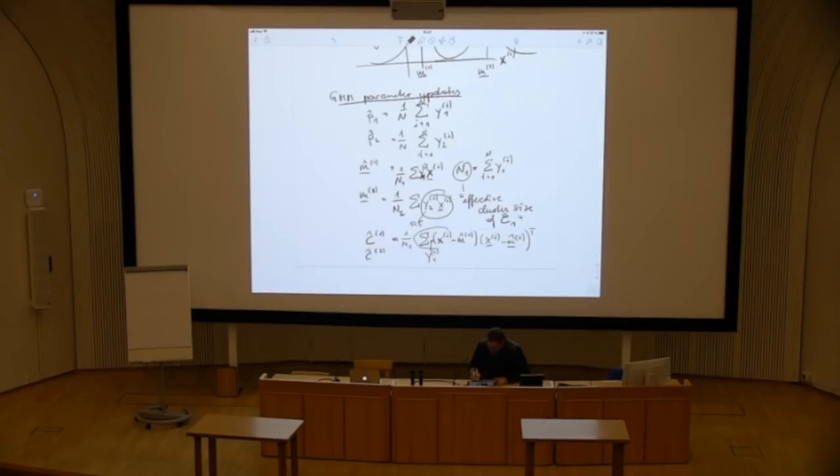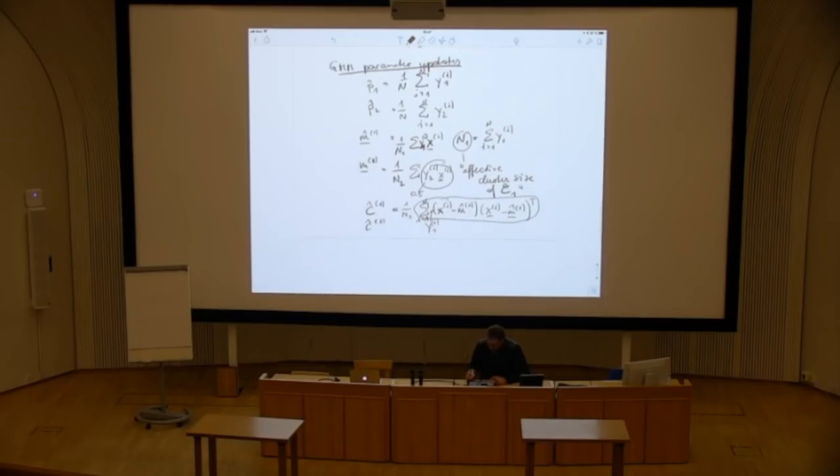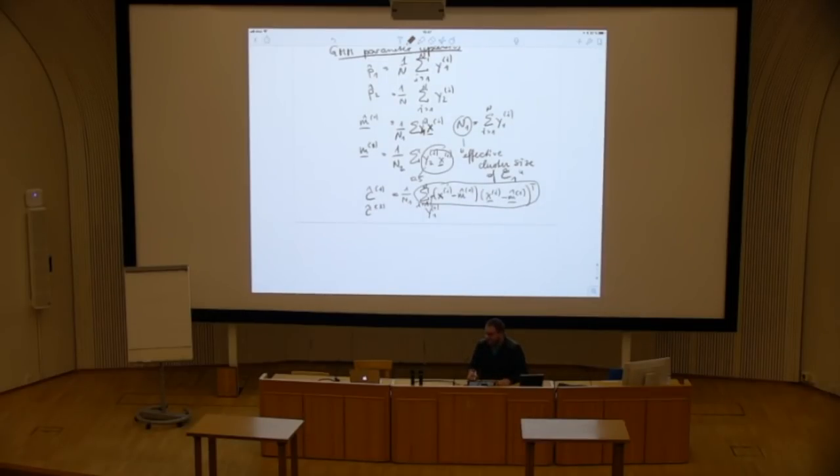And this sum here, so i equal 1 to n, can have rank at most... the rank of this covariance matrix is upper bounded by n. Because you sum n outer products.